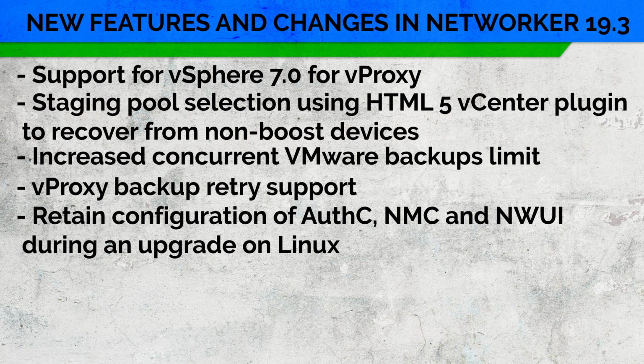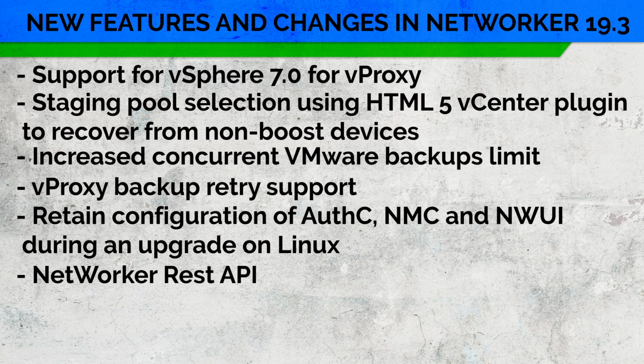During an upgrade of NetWorker 19.3 on Linux, the existing configuration of OTC, NMC, and NMUI is retained, and manual execution of OTC, NMC, and NMUI configuration scripts is not required anymore unless you want to change the configuration.